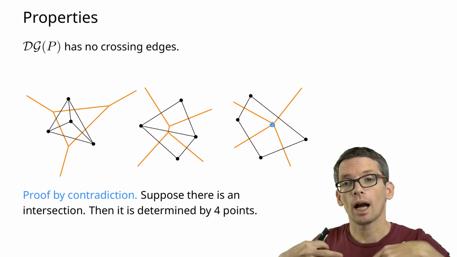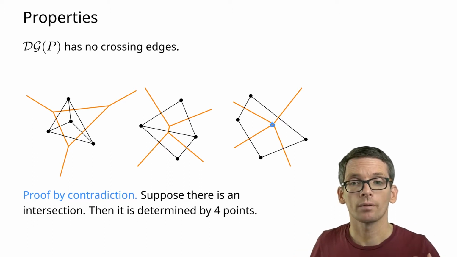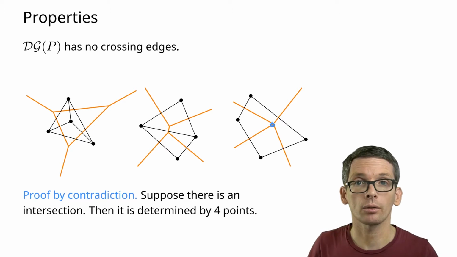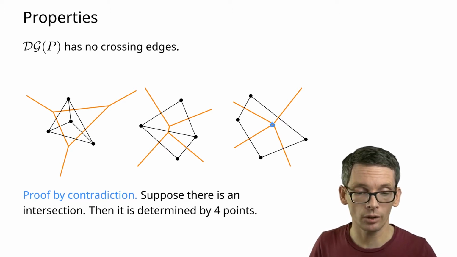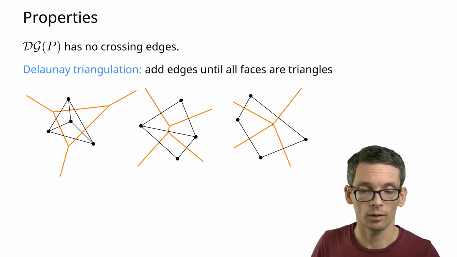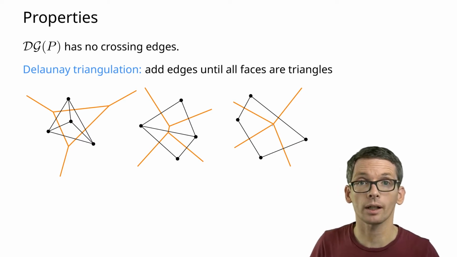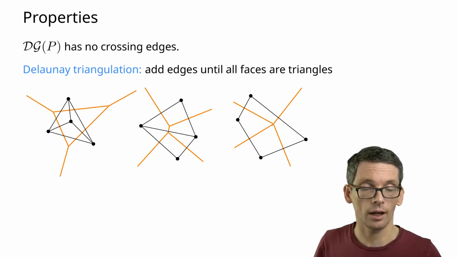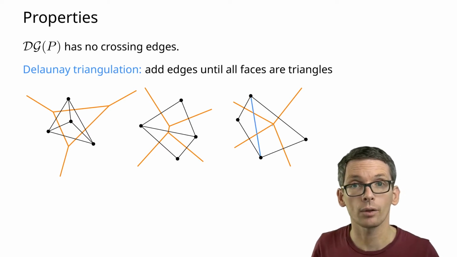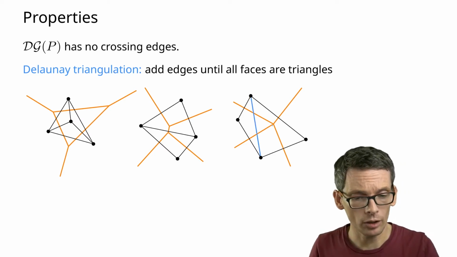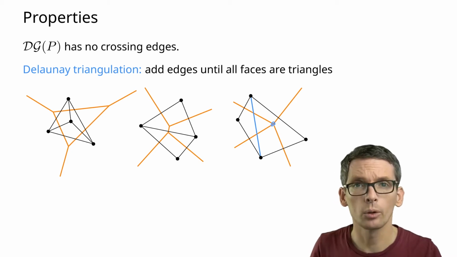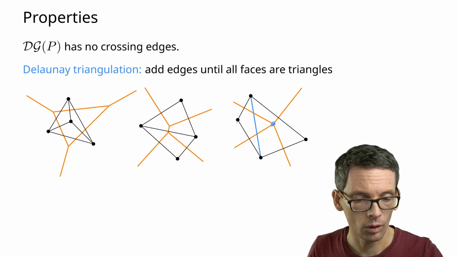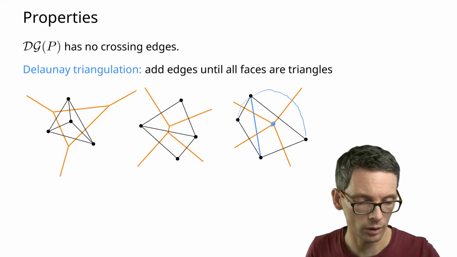That's why I'm so far talking about a Delaunay graph and not a Delaunay triangulation, because a Delaunay triangulation should have triangles. A Delaunay triangulation is what I get when I take the Delaunay graph and add edges until I have a triangulation like this, for instance. This is a fairly special situation. We have this degree 4 Voronoi vertex, which actually means that all of these 4 points will be on one circle.